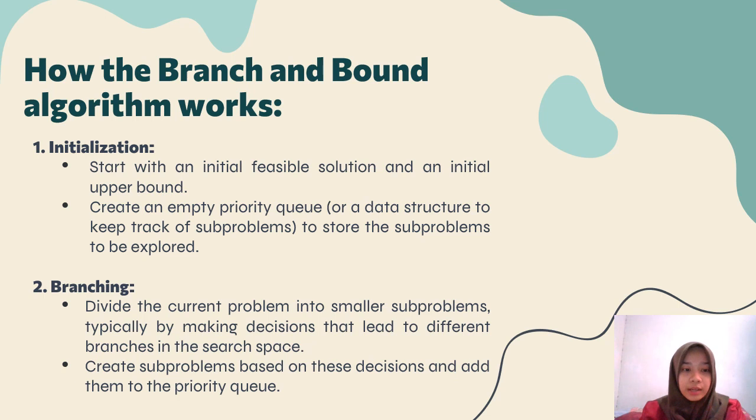Second, branching. Divide the current problem into smaller subproblems, typically by making decisions that lead to different branches in the search space, and create subproblems based on these decisions and add them to the priority queue.